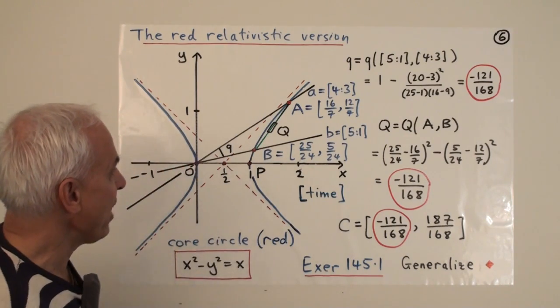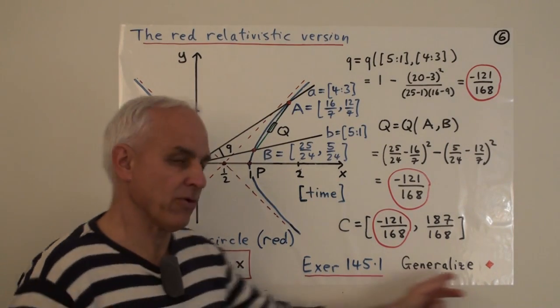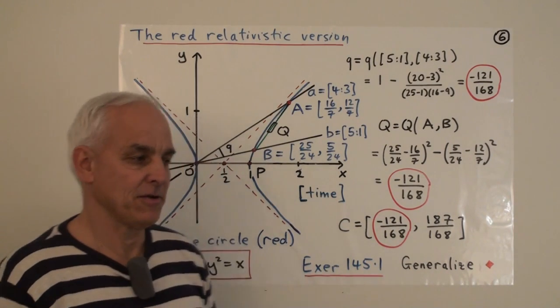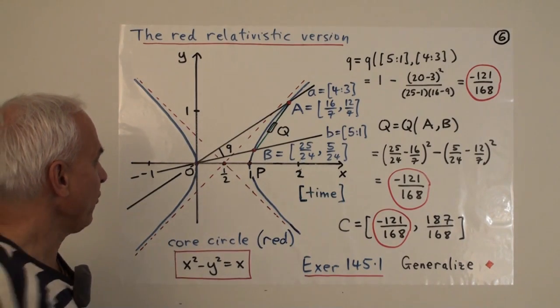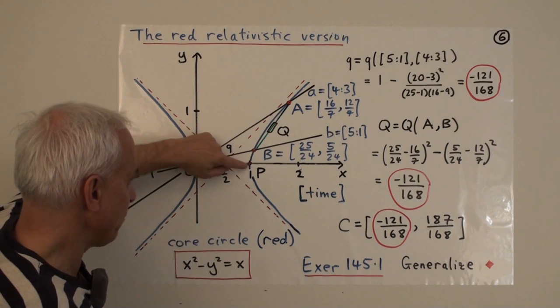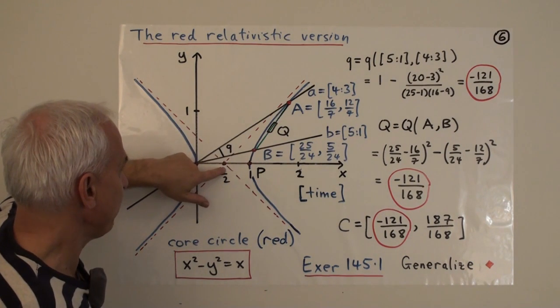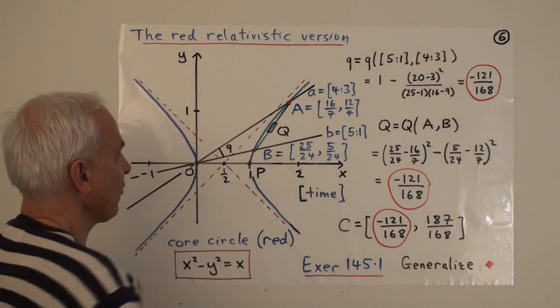Okay, so let's make a few calculations, and I'm going to use specific points, and I'm going to leave you to generalize these things for the general case. So here's our core circle through the origin and through this point P, (0, 1) right there. Center (1/2, 0), asymptotes like this.